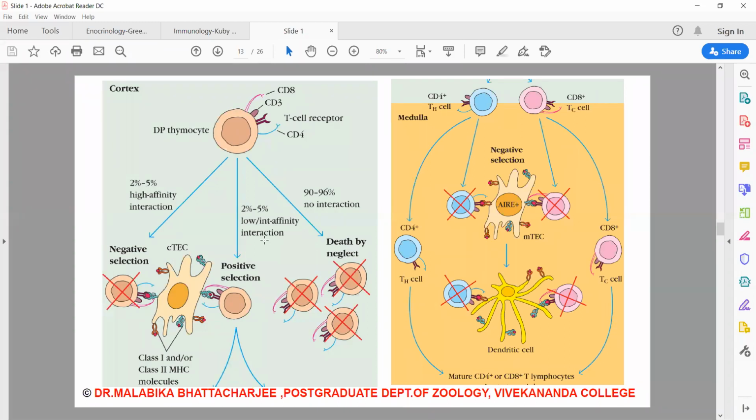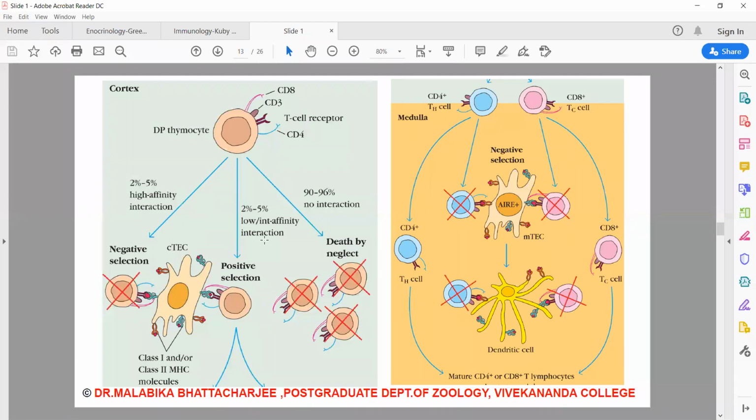Hence, this kind of schooling is also known as MHC restricted. At times it is also said that the lymphocytes are MHC restricted. The terminology means that MHC is restricting the expression of the CD4 receptor on helper T cells, and the MHC is restricting the expression of the CD8 receptor on the cytotoxic T cells.